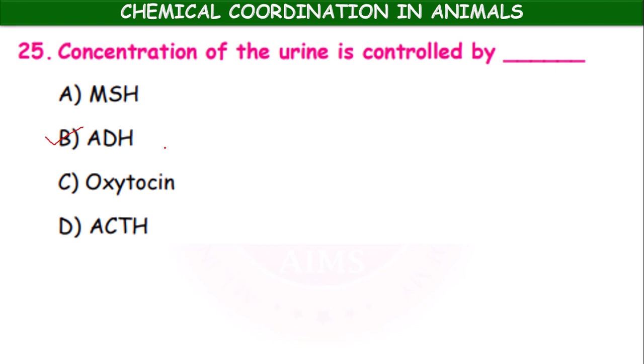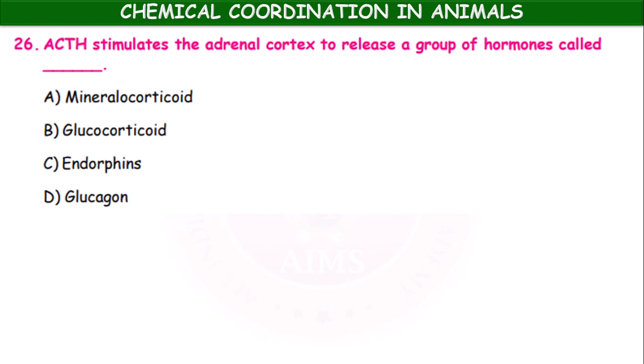Next, ACTH, adrenocorticotropic hormone, stimulates the adrenal cortex to release a group of hormones called mineralocorticoids, glucocorticoids, endorphins, glucagon. It is glucocorticoids.